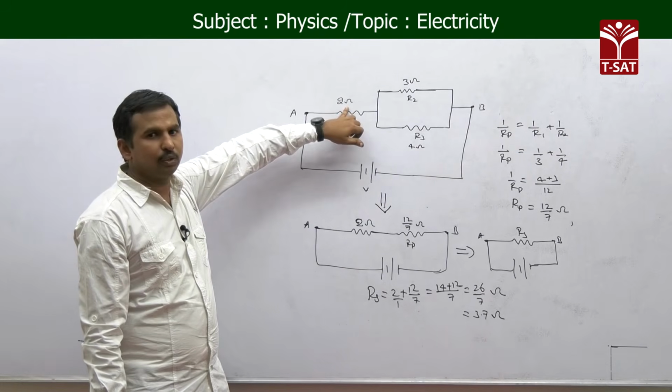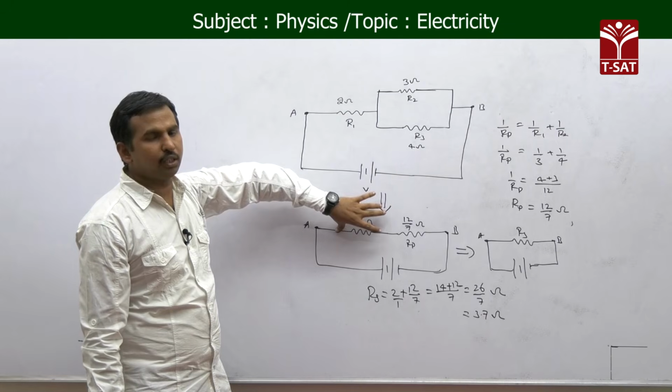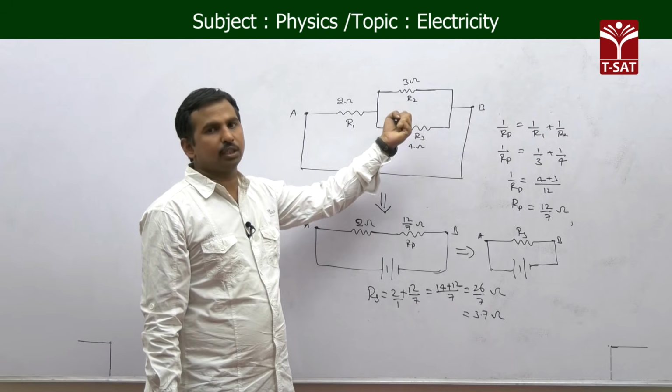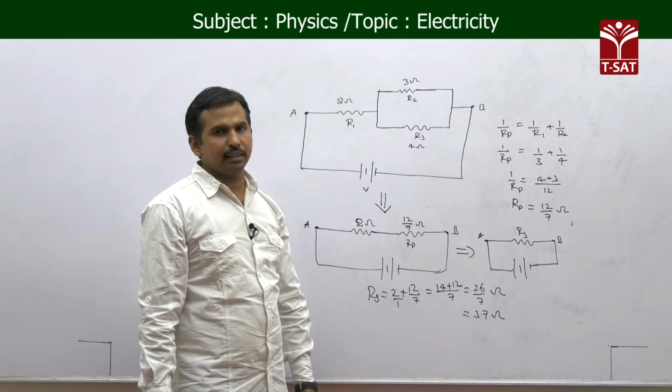So that's why in the case of series connection the resistance value is increasing, whereas in the case of parallel connection the resistance value is decreasing.